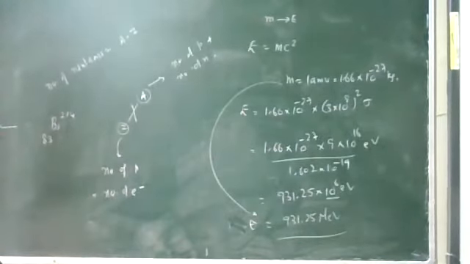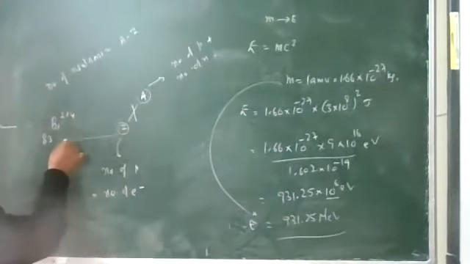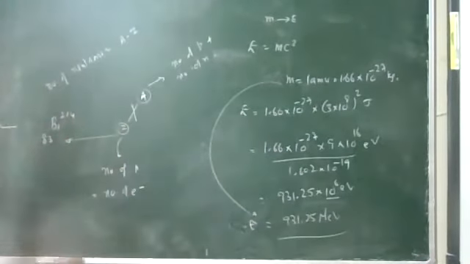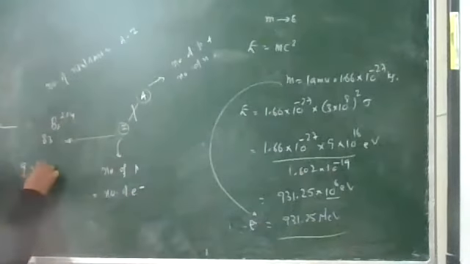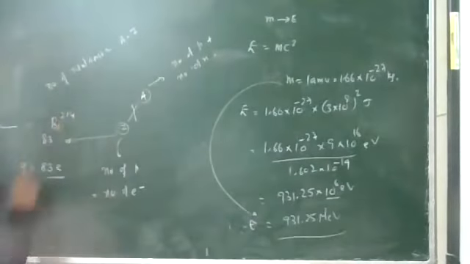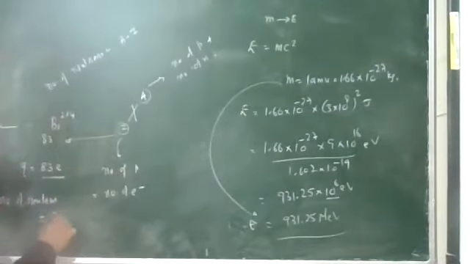The charge of the bismuth nucleus depends on Z, the number of protons, so the charge is 83 times e. And the number of neutrons is equal to 214 minus 83.